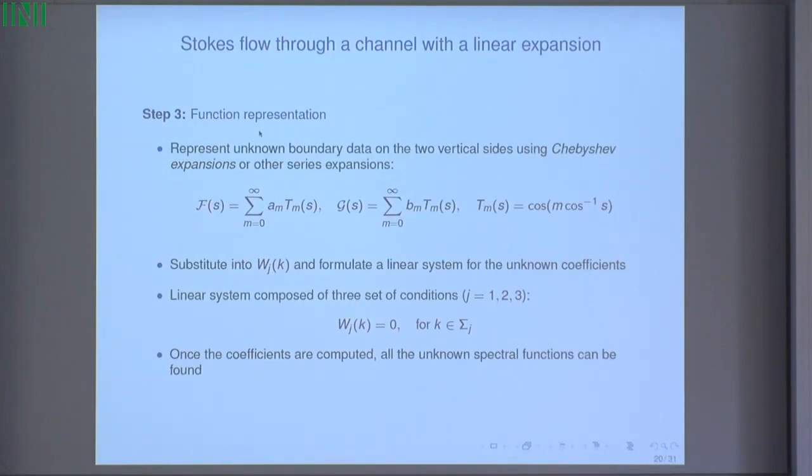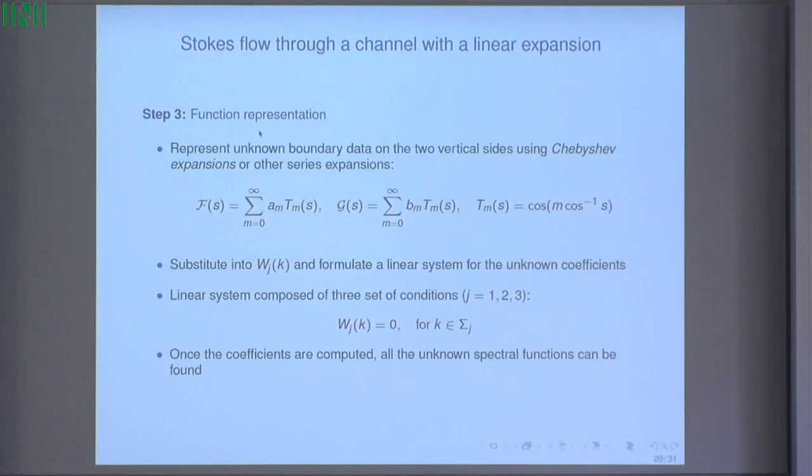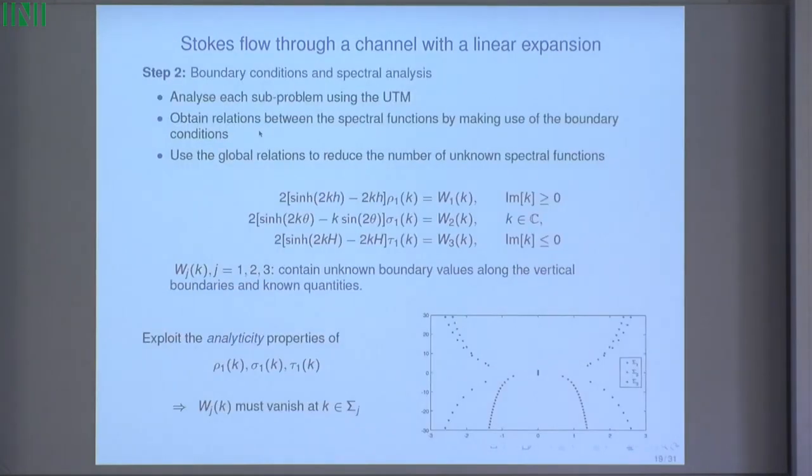So we have these representations for f and g, and we want to find the coefficients am and bm. We go back to the right-hand sides, substitute those expansions, and formulate a linear system. We are evaluating the right-hand sides at those points.